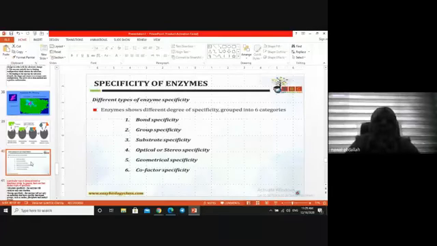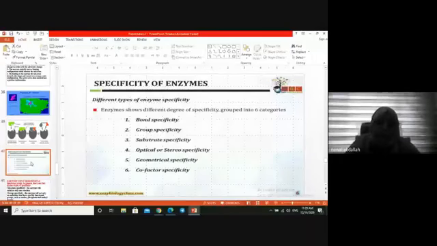So the type of bond will act on the specificity of the enzyme, whether the binding between the substrate and the active site of the enzyme is tight or weak.